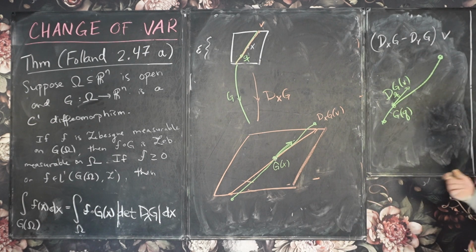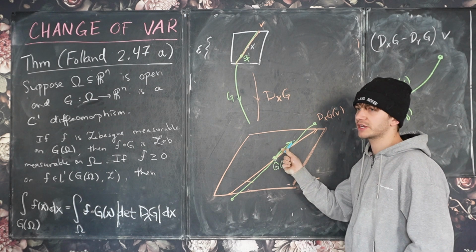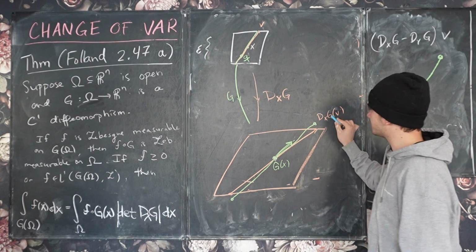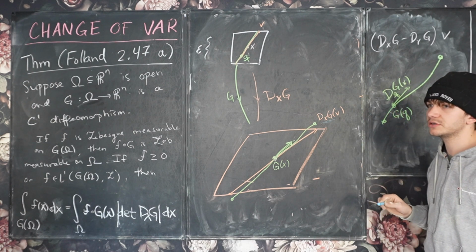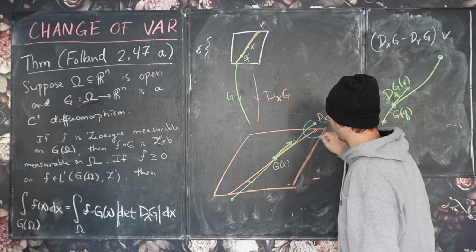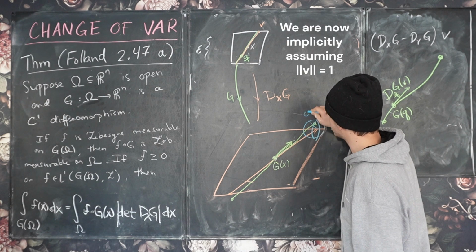Okay? So what do we know about how this tangent vector can change? Well, as we discussed, the image of v under this Jacobian can only change within a small sphere, and that small sphere has radius constant times epsilon.